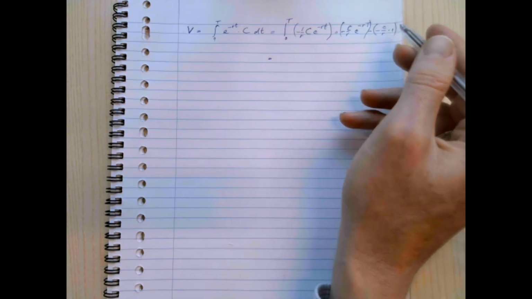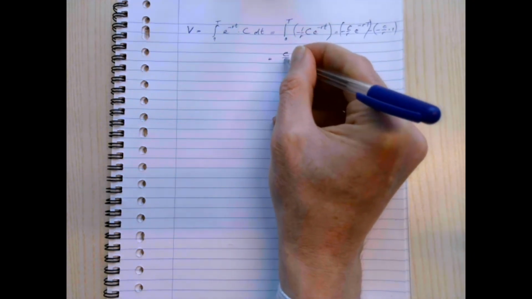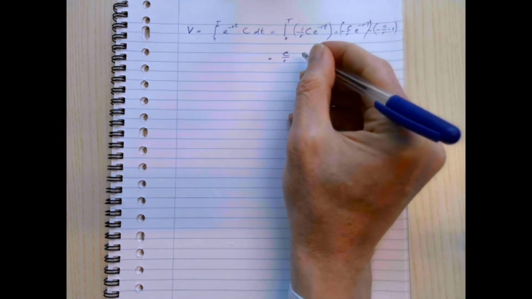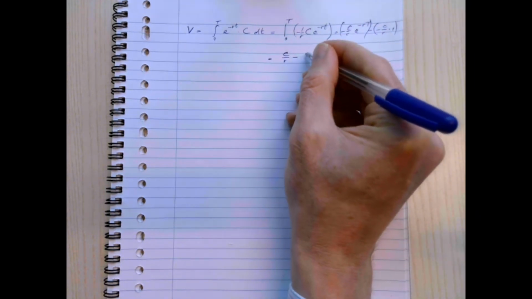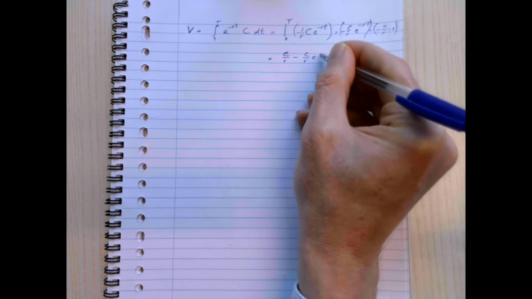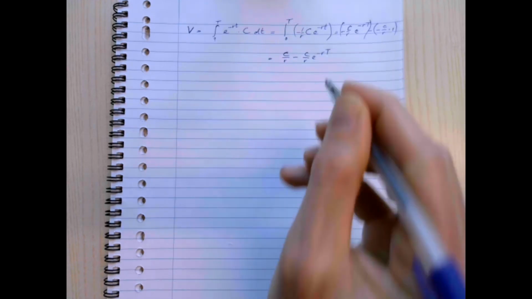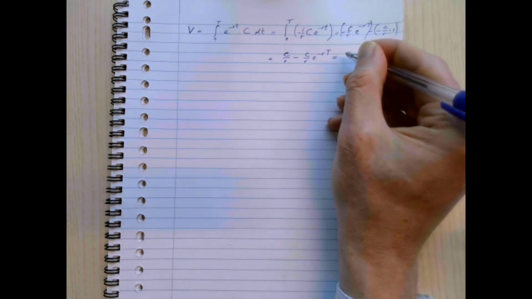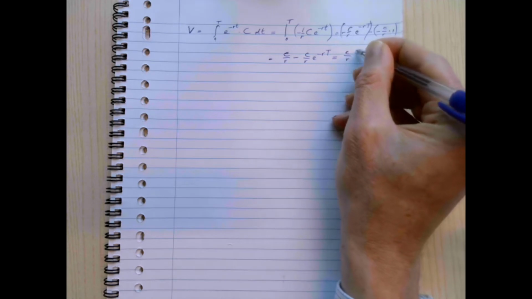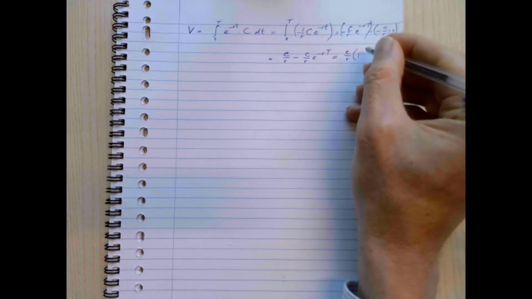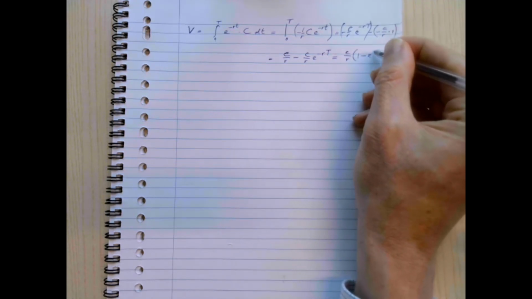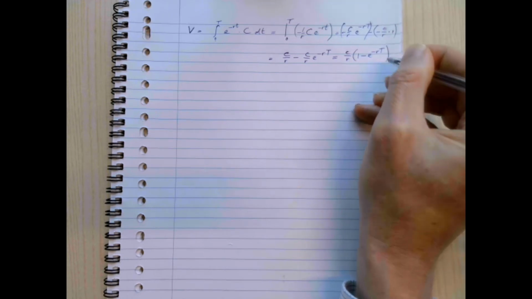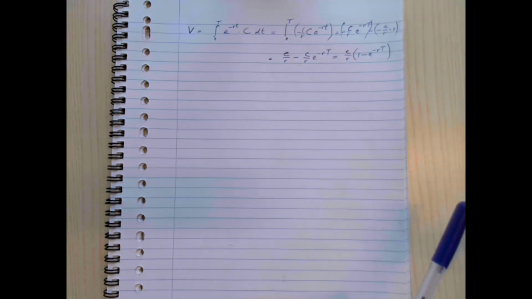So let me first take C over r from the second term here, and then I have this minus over here, minus C over r times e to the power minus rT. And if I want to write this in a little bit more nifty way, I will just take the C over r out of the brackets to get this expression. So there we are.